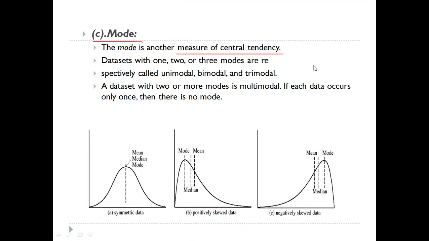For example, take some set of values: 1, 2, 3, 4, 5, 6, and 7. These are the values I have.